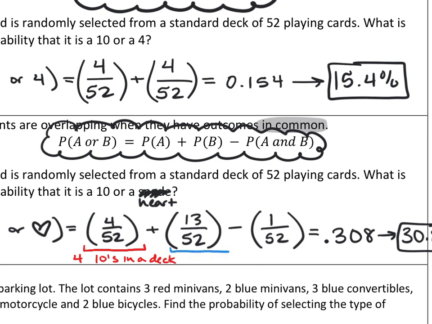This number right here came from the fact that there are 13 hearts in a deck. The number we're subtracting is because there is 1 10 of hearts in a deck. We have to take it out, or else we would double count it, since we're counting it as both a 10 and a heart. So we take out the double counting.